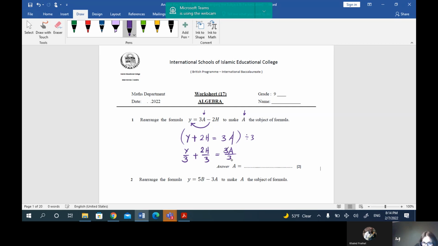Accordingly, 3 is cancelled with 3. So a is equal to y over 3, which can be written as 1 over 3 y, plus 2h over 3, which can be written as 2 over 3 h. And that's how we made a the subject.